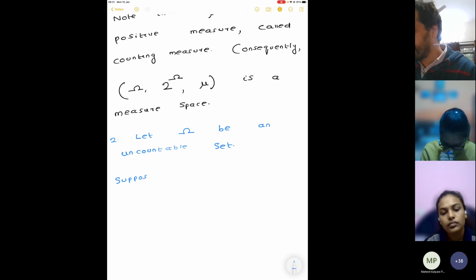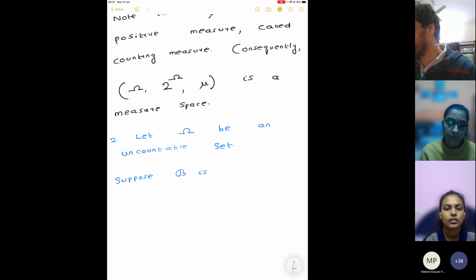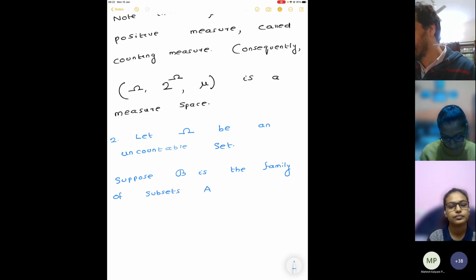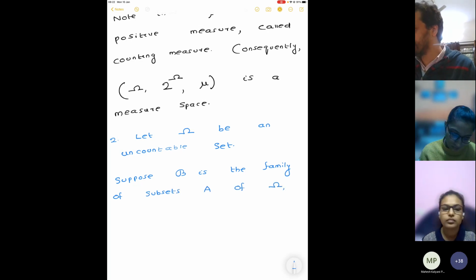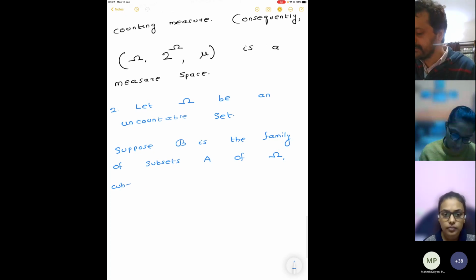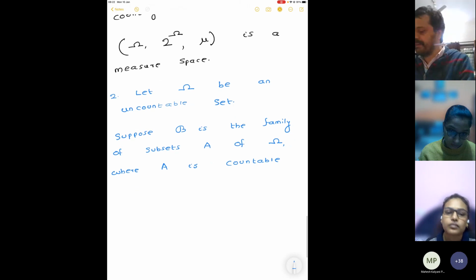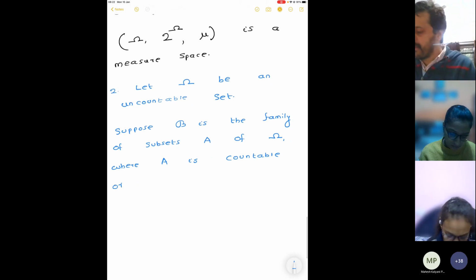Suppose B is the family of subsets A of omega where A is countable or omega minus A, that is A complement, is countable.